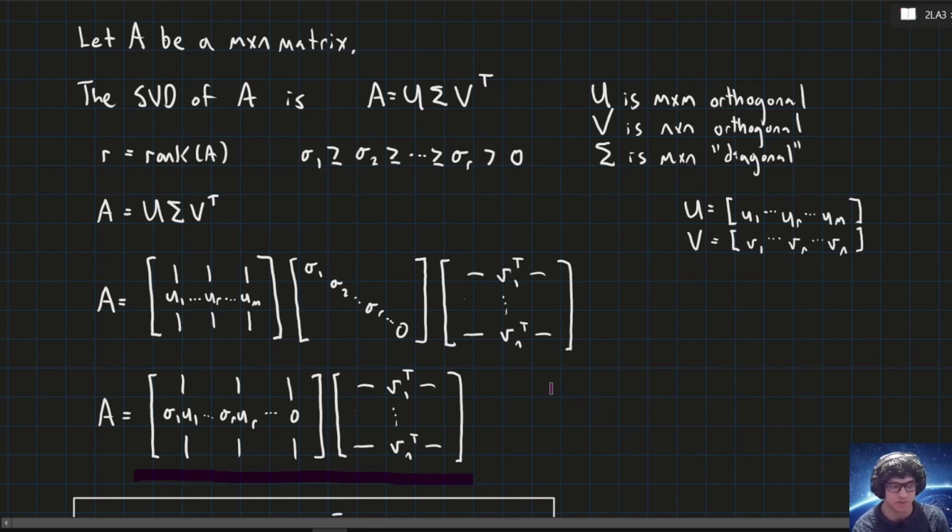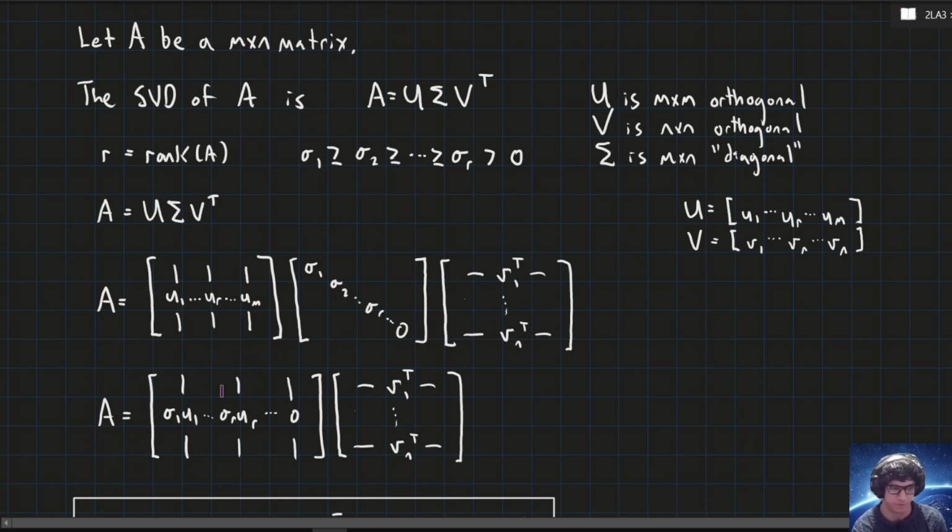What I'm going to use is the column-row rule for multiplying AB. It's the same rule we used in lecture 14 for getting the spectral decomposition.